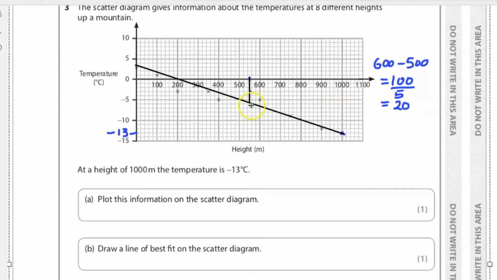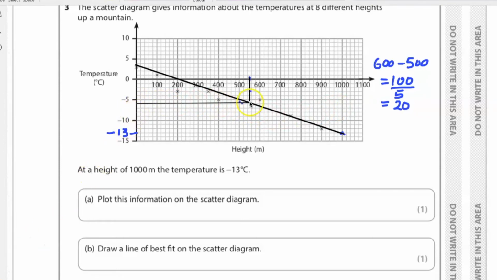And then I'll trace it across to read what the temperature is. So I've traced it from the line down to here. So that is minus 6.